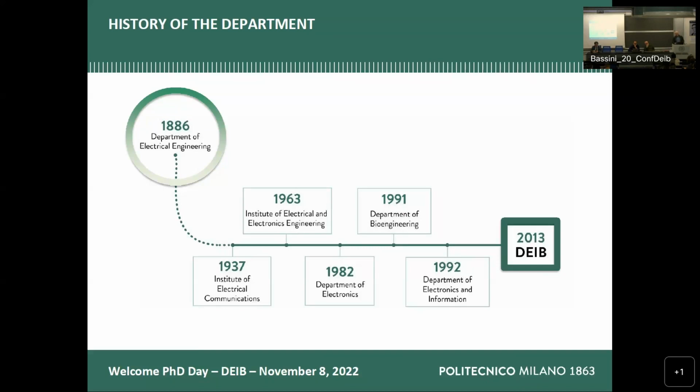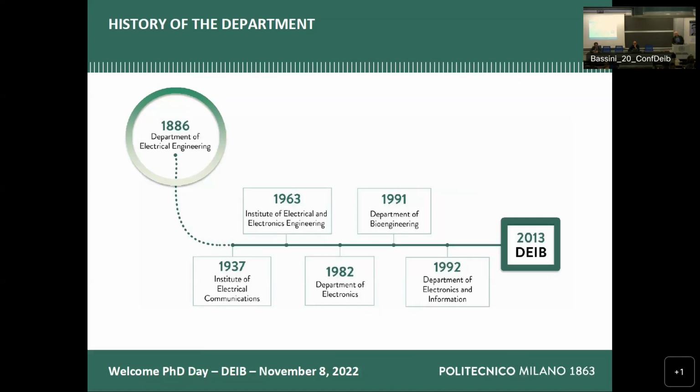Inside each school, there is a set of study programs for the bachelor and the master programs. Then there is a separate school for the PhD programs, independent of whether they belong to engineering or architecture.